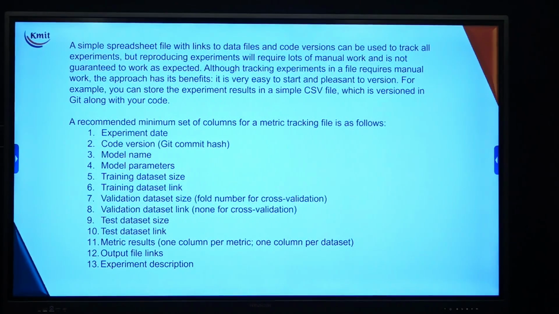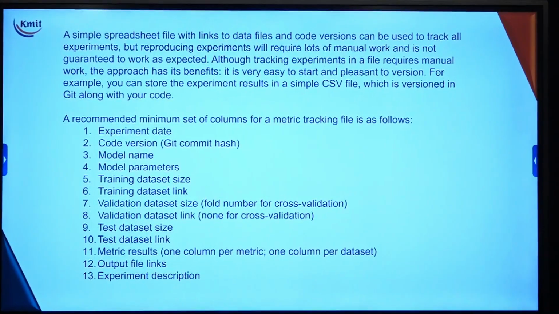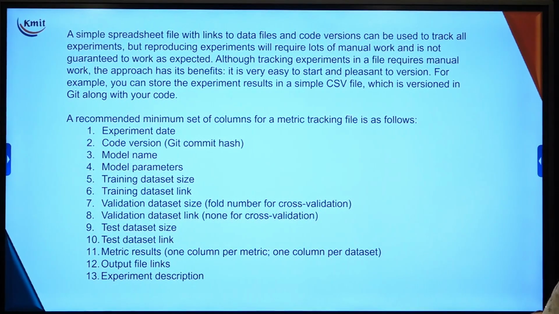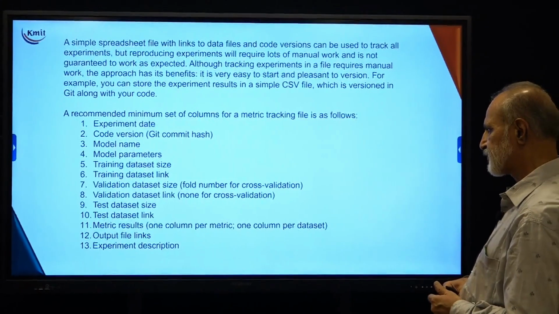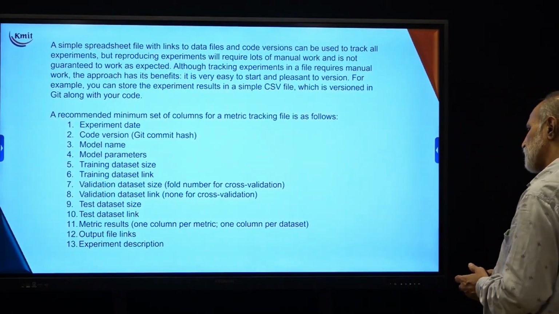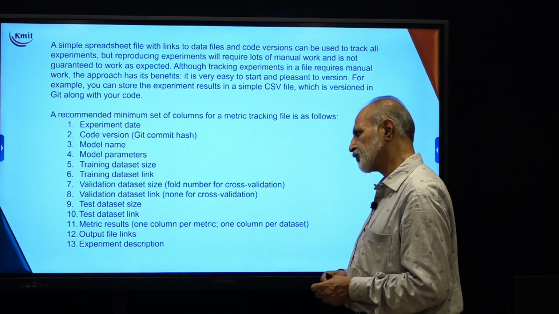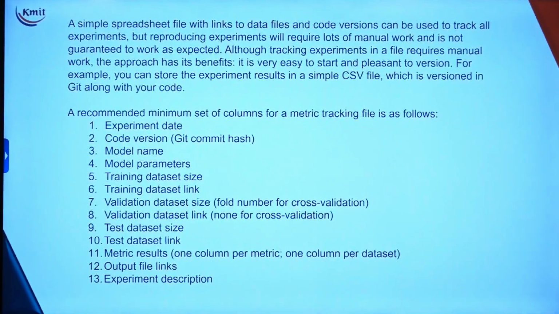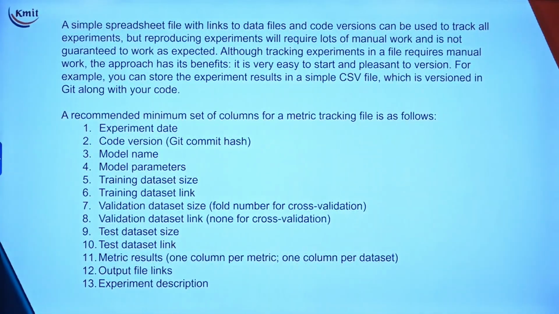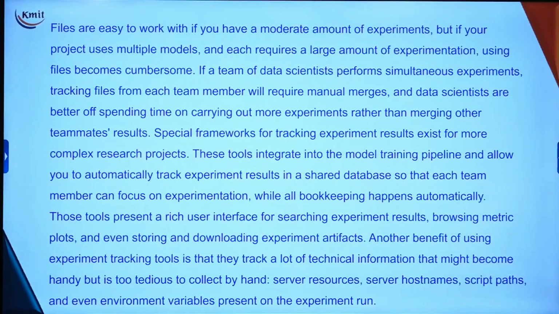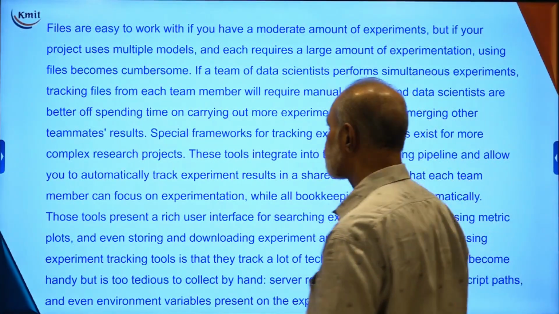You can write experiment date, code version, model name, model parameters, training data set link, validation data size for cross validation, test data set, test data link, metric results, that is one column per metric or one column per data set, output file, and experiment description. This kind of metric tracking will give my project very good leverage. These are all the bookkeeping I can do for my project too.